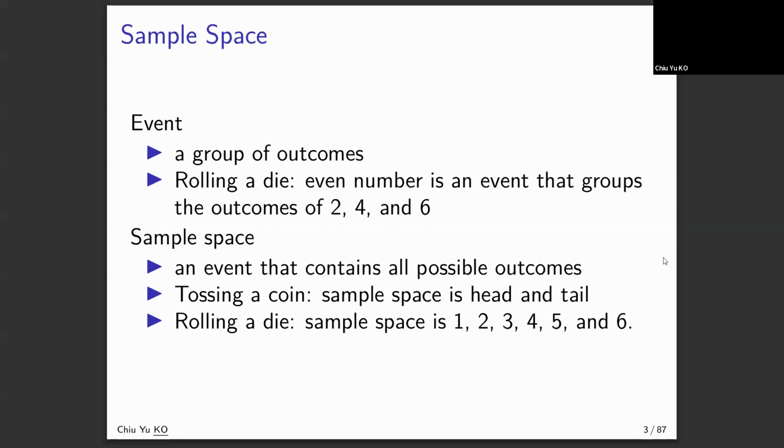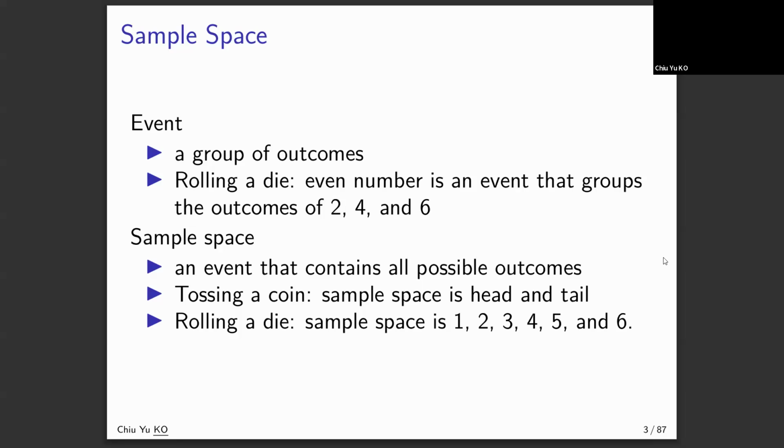And the next is slightly more complicated. It's called an event, which I think you also learned in high school. It is a collection of outcomes. For example, if you roll a die, an event of even number consists of outcomes 2, 4, and 6. An event of odd number consists of 1, 3, and 5.